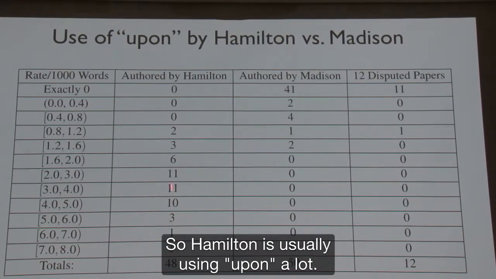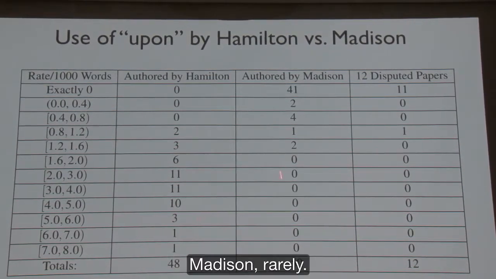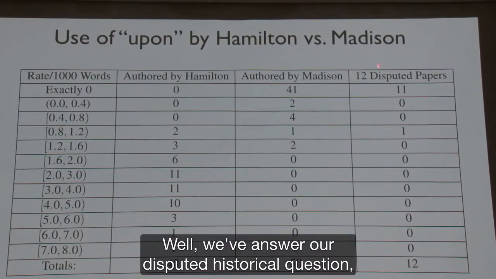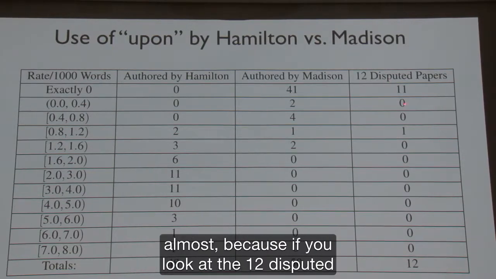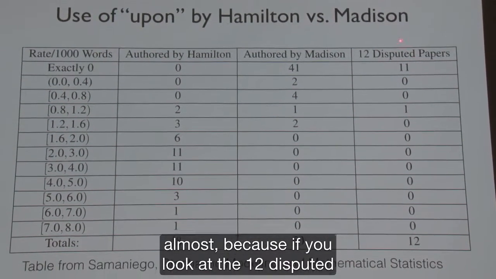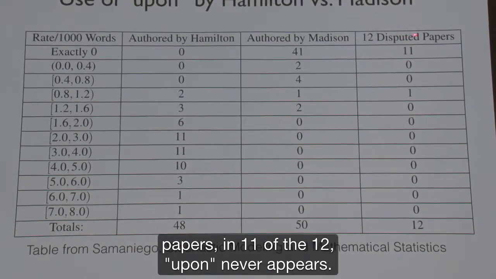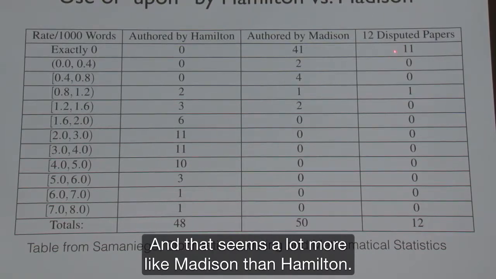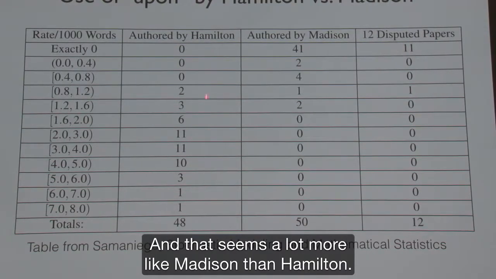So Hamilton is usually using "upon" a lot, Madison rarely. Okay, well, we've answered our disputed historical question, almost, because if you look at the 12 disputed papers, in 11 of the 12, "upon" never appears, and that seems a lot more like Madison than Hamilton.